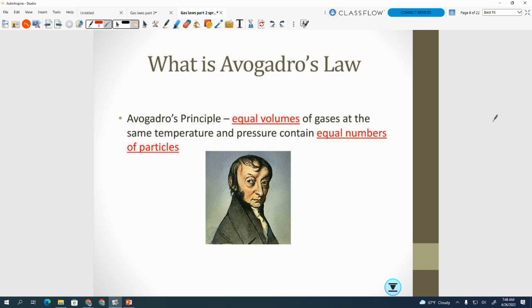So Avogadro's principle, Avogadro's law, basically what he discovered, and I didn't write this out yesterday, I just gave you the numbers and the formulas, says that equal volumes of gases at the same temperature and pressure contain equal numbers of particles.